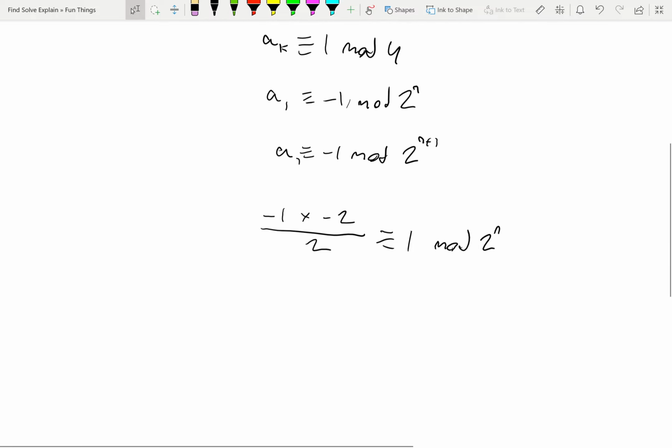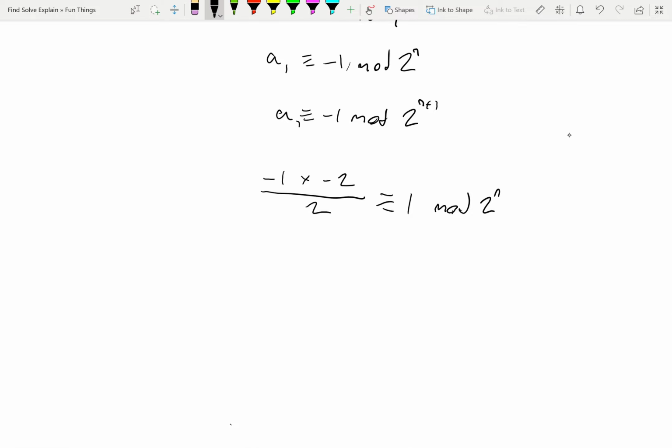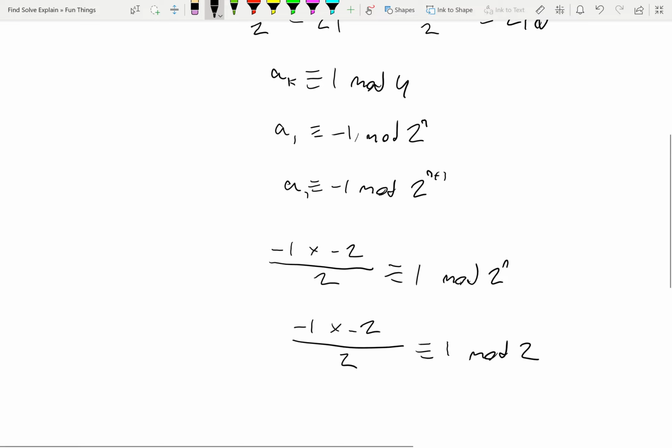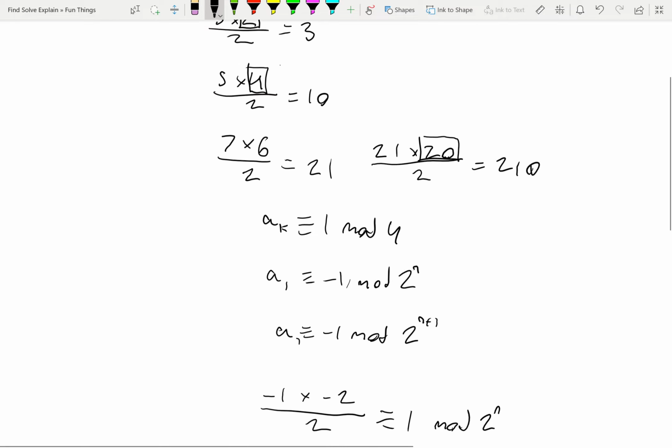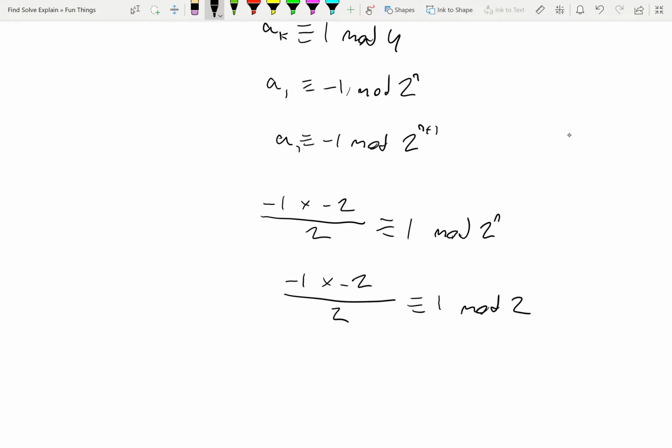This is why 3 is also the only value that works, as 3, which is minus 1 mod 4, times 2, which is minus 2 mod 4, divided by 2 is congruent to 1 mod 2, which isn't against our rules, unlike all the rest. So, therefore, because the next one will be congruent to 1 mod 2 to the n, and 2 to the n is divisible by 4, we're done.